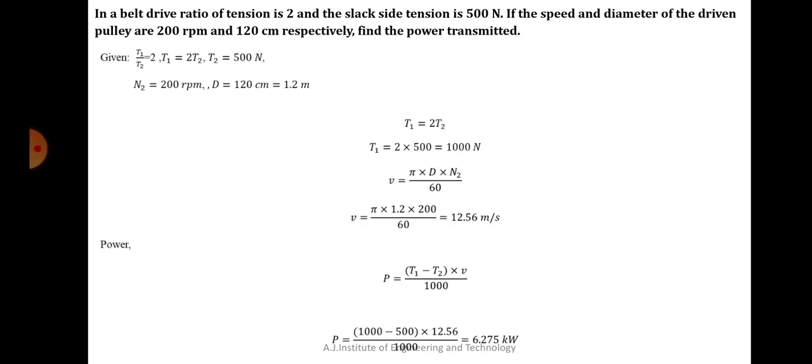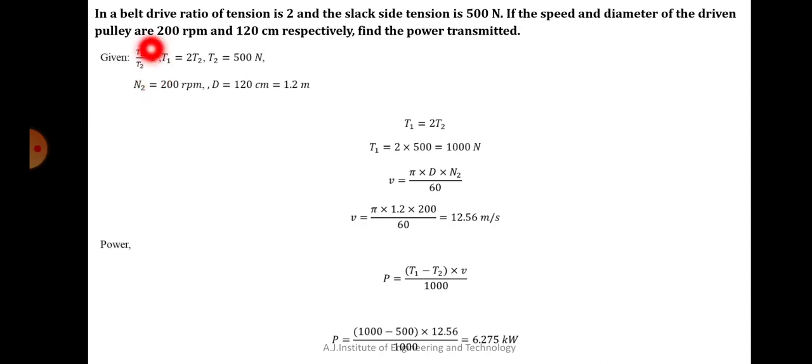So we have to first find out T1. How can we find T1? There is a ratio given. In the first statement itself, it is said that in a belt drive, the ratio of tension is 2. What do you mean by ratio? T1 by T2. So T1 by T2 is equal to 2, or T1 is equal to 2 times T2.